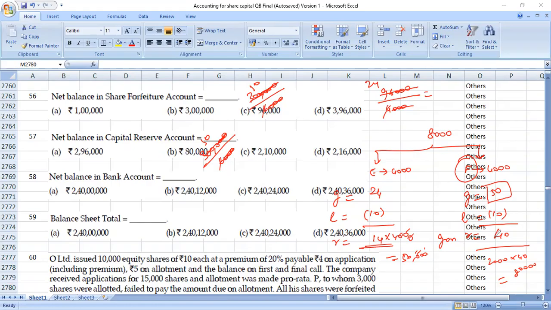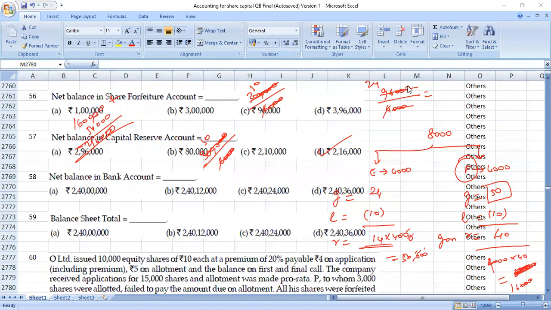Wait a minute. The number of shares reissued for F is 4,000. 4 into 40, 1,60,000. Yes. So 1,60,000 plus 56,000. The answer is 2,16,000. I knew it.